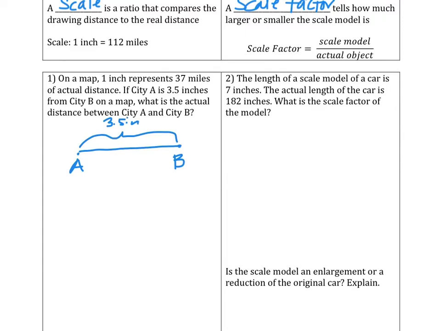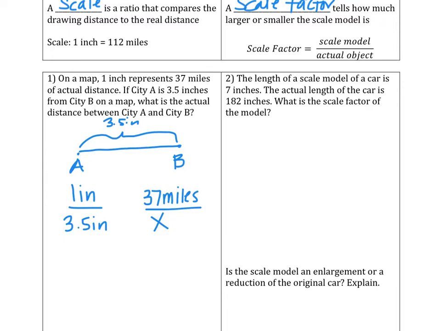So we're going to take our ratio, which is 1 inch, is this, and the actual amount is 3.5 inches. This is on the scale or on the map, and that is going to be compared to 1 inch represents 37 miles. This is in real life, and we want to know how far that distance actually is. So once we set it up, then we are going to cross multiply.